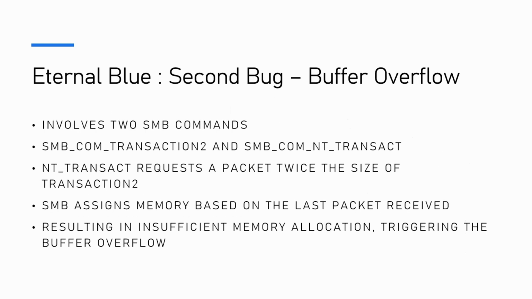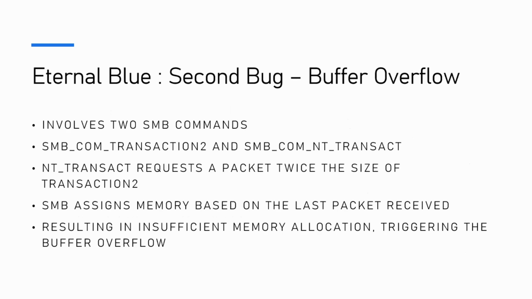The second bug, which is the buffer overflow itself, involves 2 SMB commands. The first one is the SMB_COM_TRANSACTION2, and the second one is the SMB_COM_NT_TRANSACT. The NT transact requests a packet twice the size of the transaction 2 command, and when this happens, the SMB assigns memory based on the last packet received.